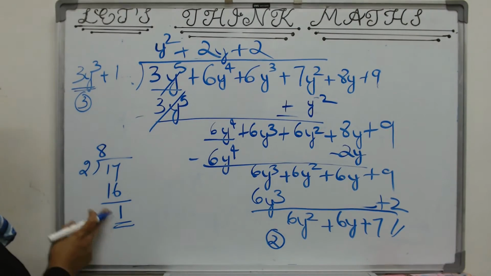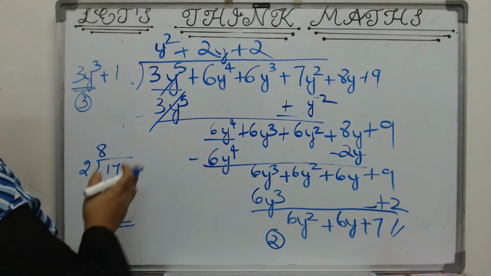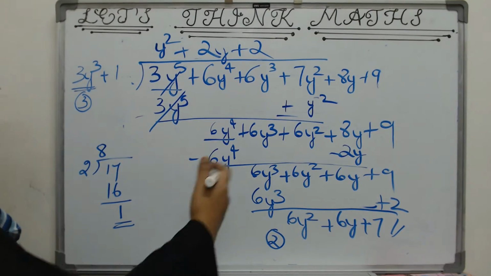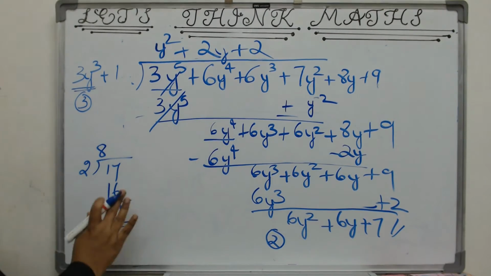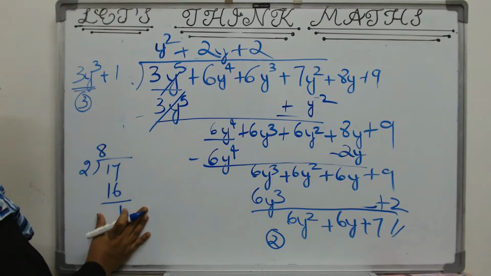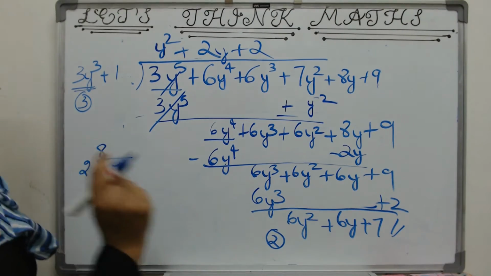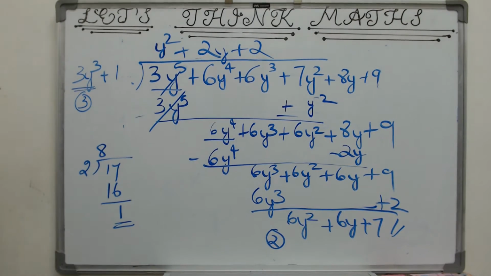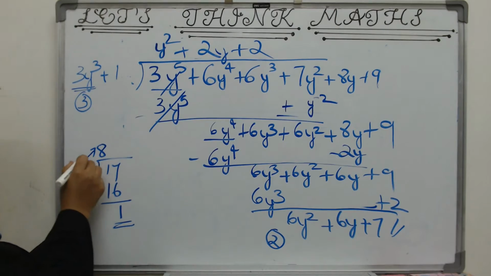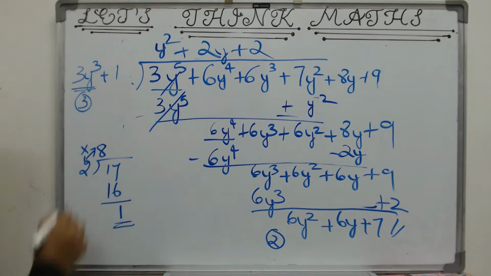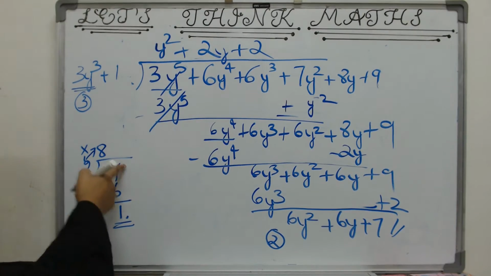Why? Because 1 is less than 2. Until you get 0 or 1, you will keep on continuing the division. Now you can stop because we have got a remainder which is less than 2. How will you check if the answer is correct? You will multiply these two and to the answer you will add this 1. Then you should get 17.